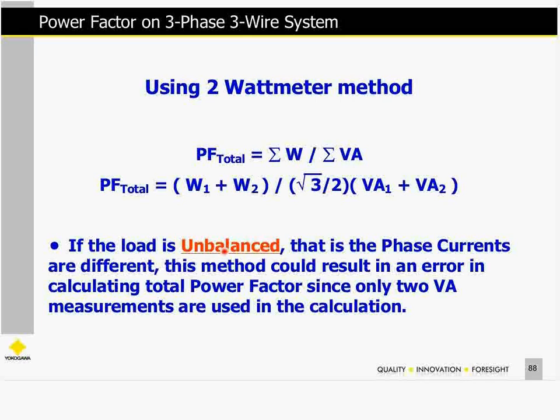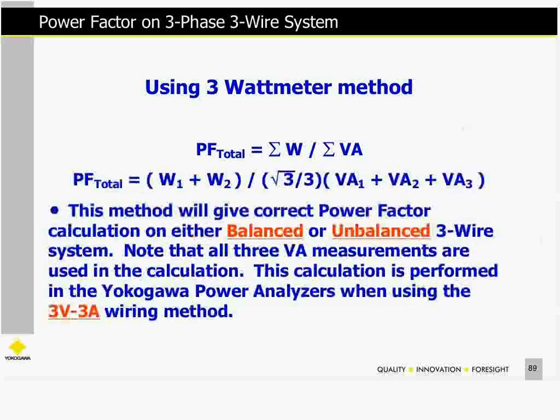Now, if the load is unbalanced, say the phase currents are different, this could result in an error in calculating the power factor since only 2 of the VA measurements are made. Okay. So if one of these VAs was higher, you can see this math calculation is not going to be right. So with the 3 wattmeter method, which we call the 3V3A wiring method in our power analyzers, it is total watts divided by total VA.